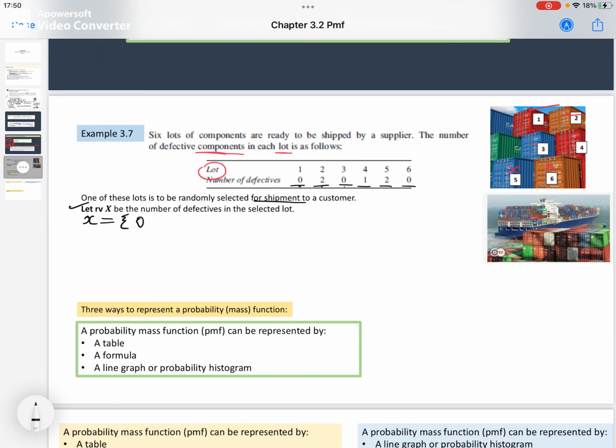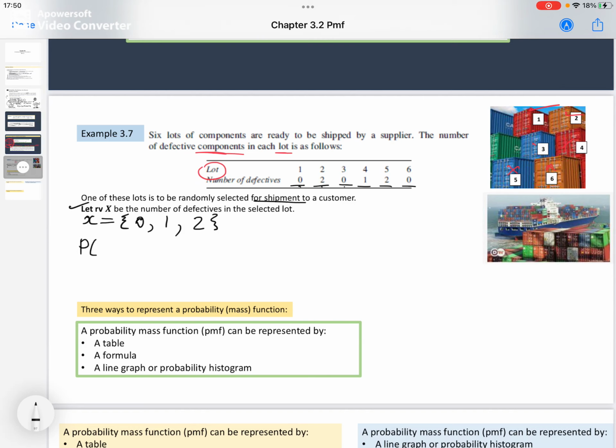Right, so we see that you could either have 0 defectives, or you could have 1 defective, or you could have 2 defectives in a randomly selected container. Some of them have 0 defectives, some have 1, some have 2. Right, so we have here that random variable x can take on values 0, 1, and 2.